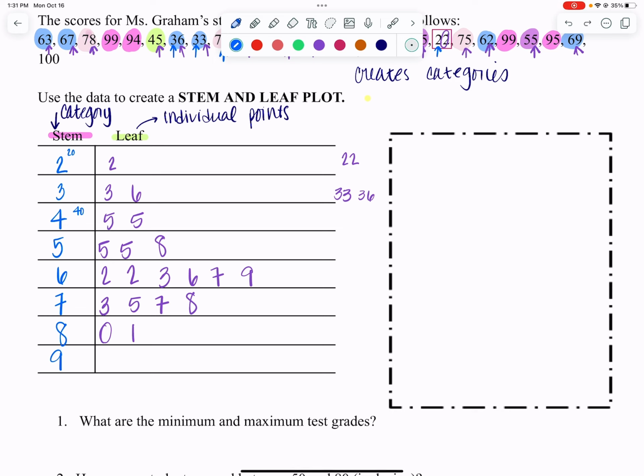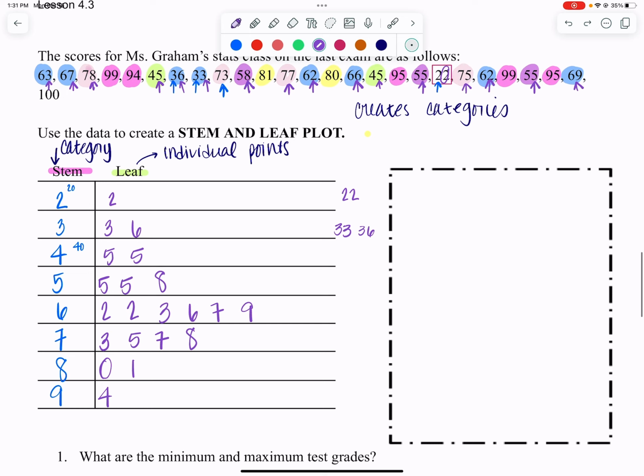Whoops, let's put it in purple so I'm consistent. There's my 94. I have two 95s, so I need a 5 and a 5. And then I have two 99s. And that's all of my 90s.